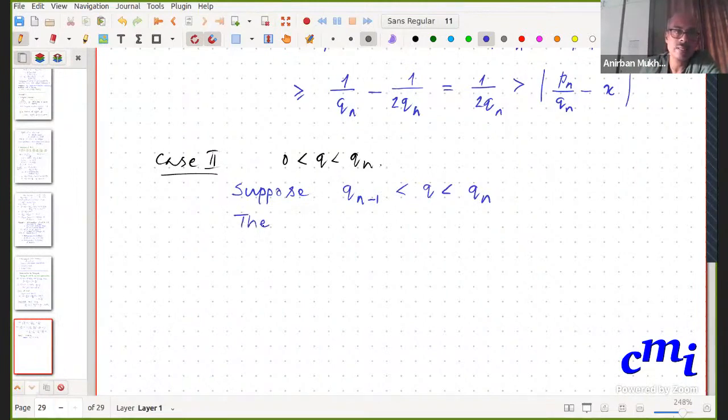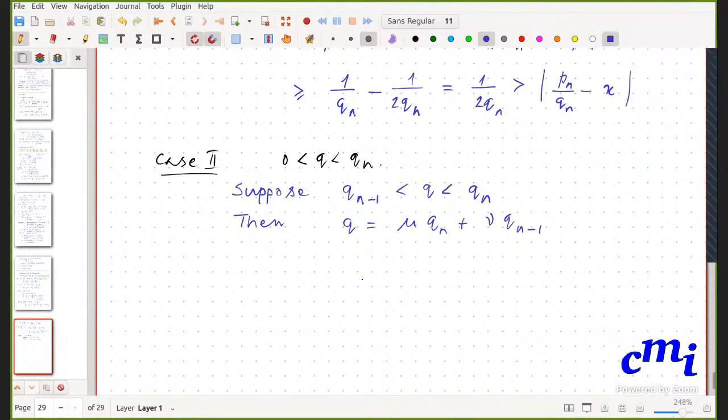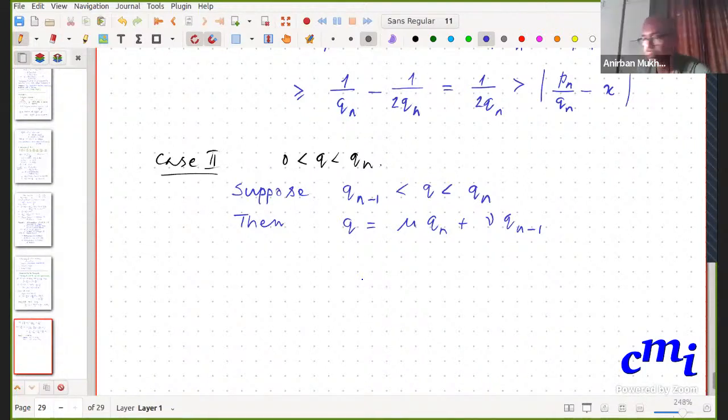Then we can write Q as mu Qn plus nu Qn minus 1. So mu and nu are non-zero real numbers. They are not a priori integers, but we will prove that they are integers. We can always write a real number between two other real numbers in this form.